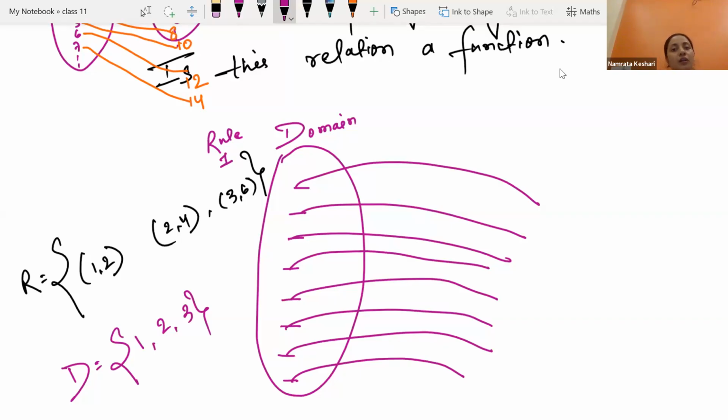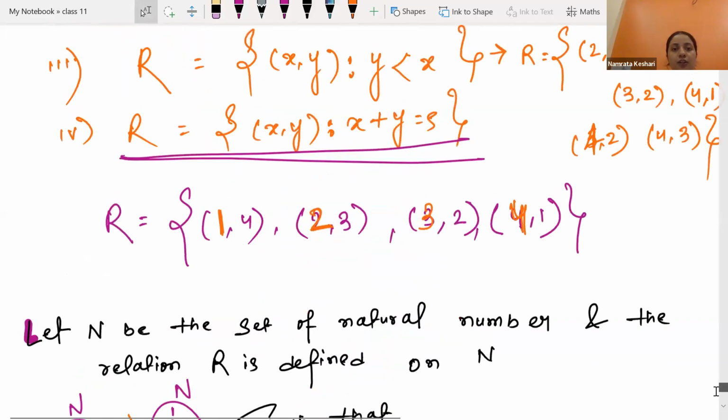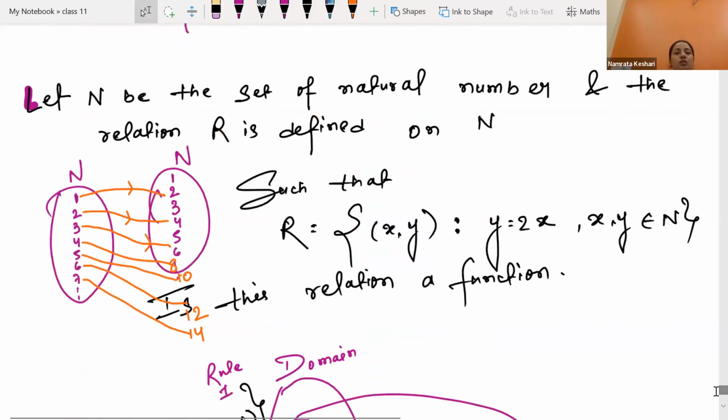That's why when a relation is a function, the complete first set is the domain, just like the question we did just now, the previous one. See carefully. Let N be the set of natural numbers. The relation is defined as the set of all ordered pairs (x, y) such that y is equal to 2x.